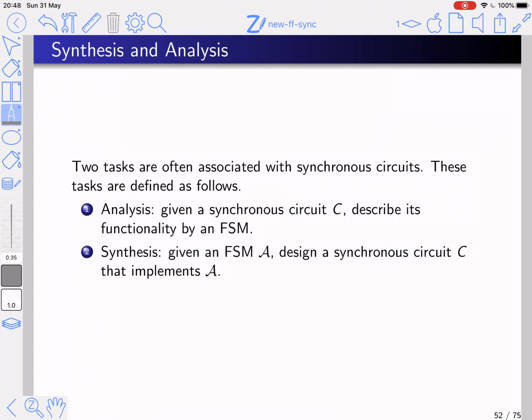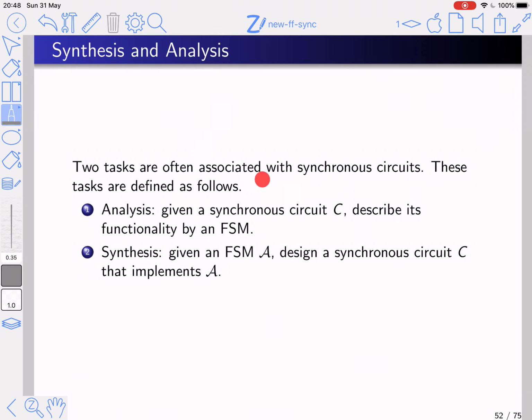Okay, there are two tasks that are often associated with synchronous circuits. These tasks are defined as follows: analysis and synthesis. Analysis means that I give you a synchronous circuit and you want to describe the circuit using a finite state machine. So I go from C to some automaton A. Okay, so this is a synchronous circuit, and this is a finite state machine.